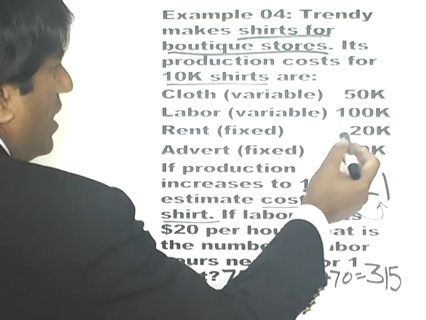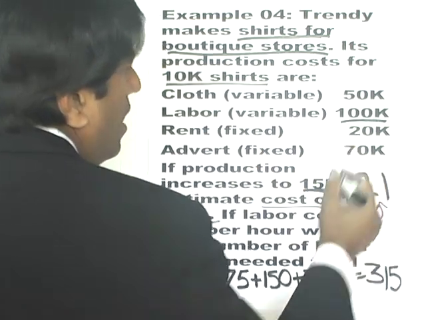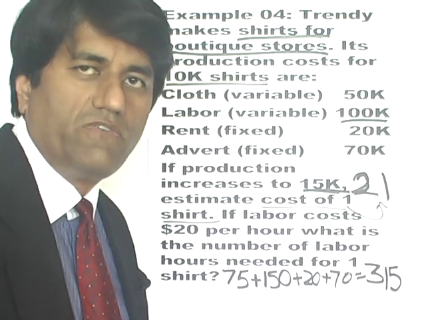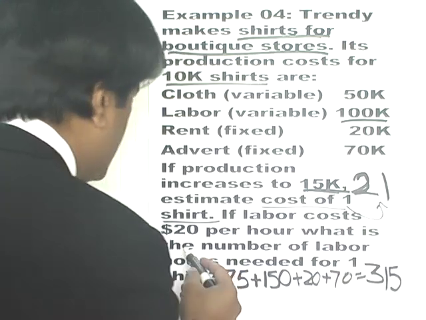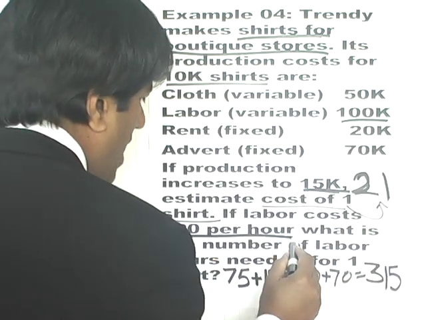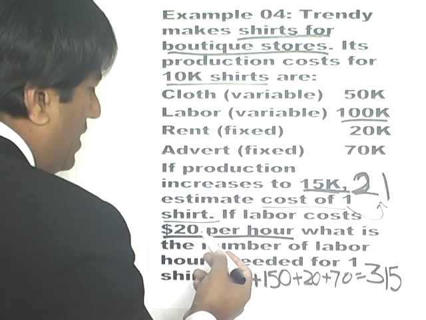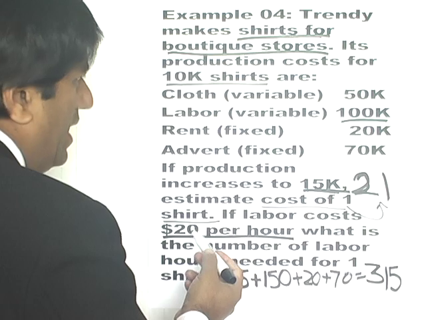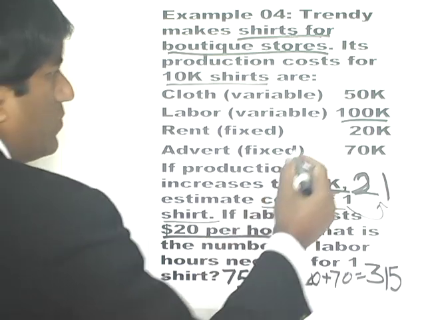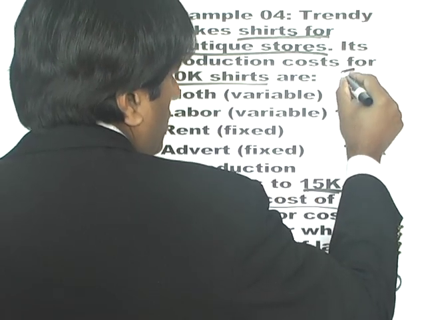So if 10,000 shirts require $100,000 of labor, and each labor is $20 per hour, then the number of hours would be 100 divided by 20, or the number of hours would be 5,000.